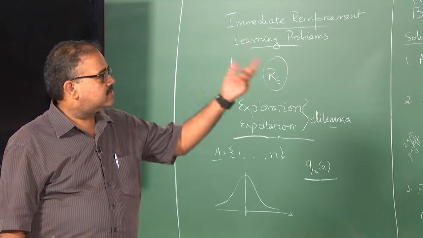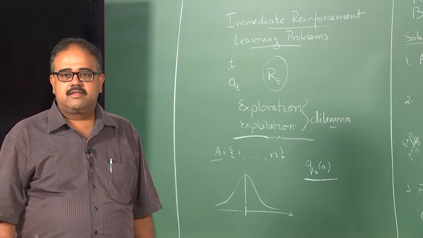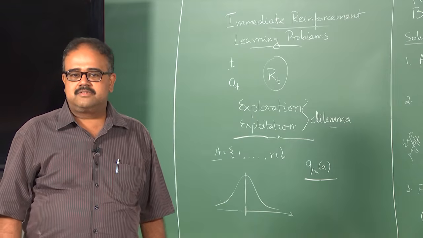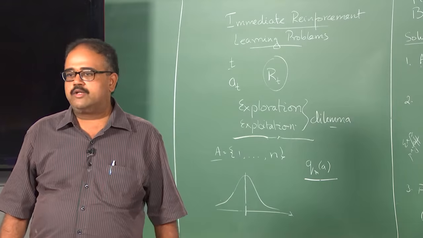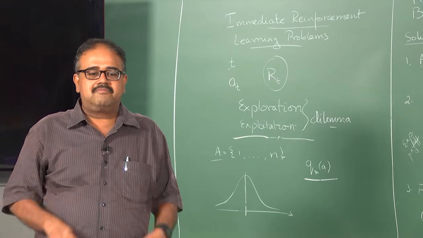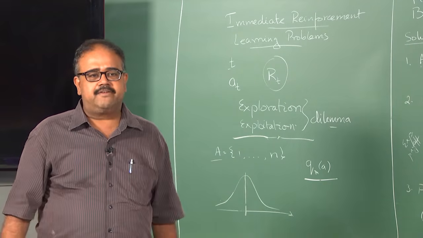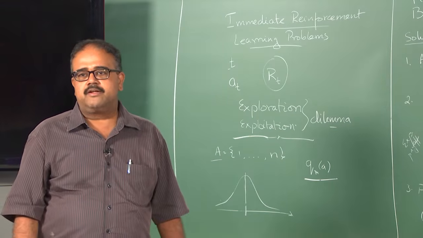Right. So why is this called softmax? Because it is not greedy, it does not return to you the one that has the highest q value all the time. But if there is a big difference, it will return that value to you most often.